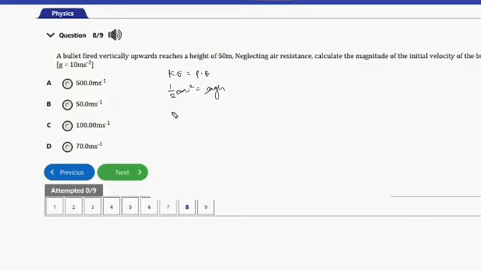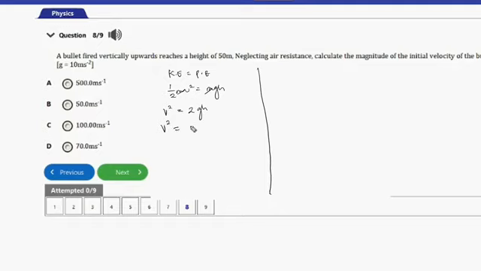So we cancel out the mass here, and then to find velocity, we make velocity the subject of this equation, where v squared is equal to 2gh. So guys, there is a little systemic error here. The height here is actually 500 meters and not 50 meters.